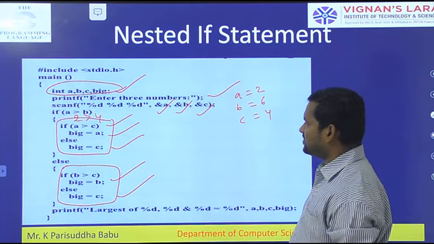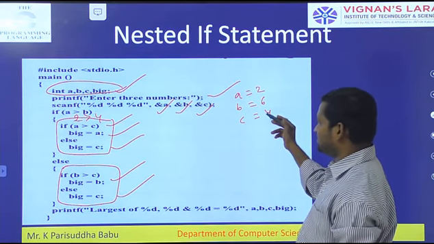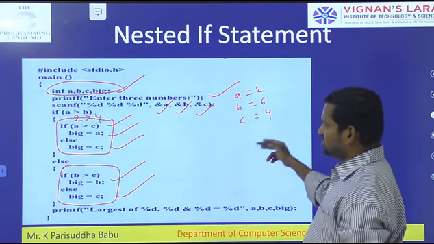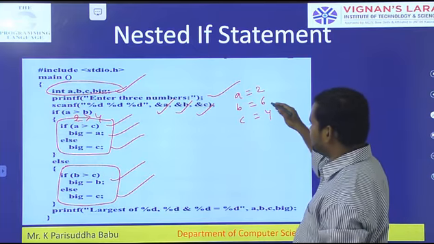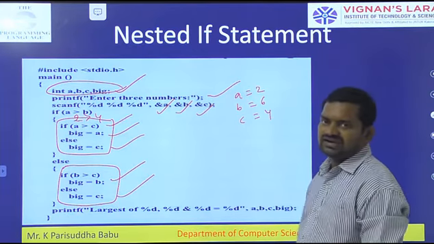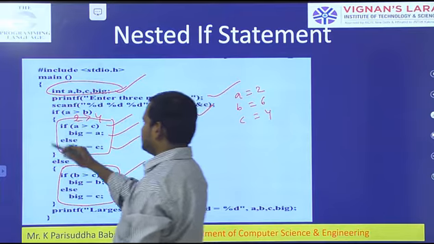Then what will happen? C is the big number. It automatically checks which one is the big number, and it checks the next number.